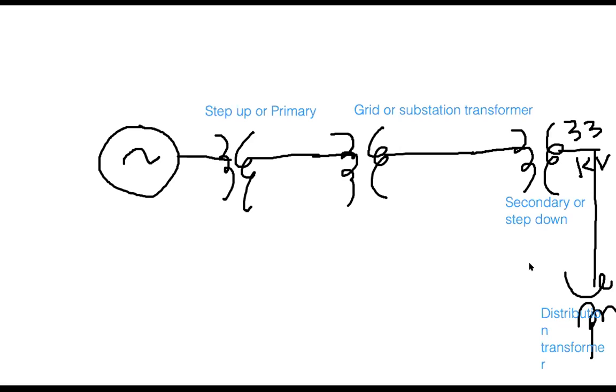But the transformers which are nearby your home are mostly at the distribution transformer level. This secondary or step-down one, for example, is actually the MLGW location. They have a big transformer there. You see, the primary side of this transformer is very high voltage, for example 345 kV or even much more.